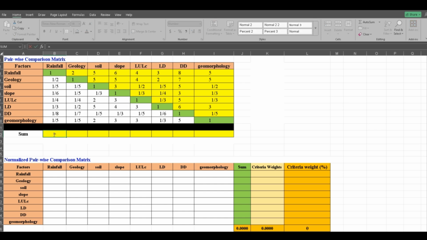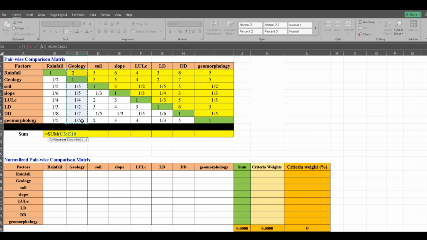The sum of this column, you can use the Excel sum formula. The sum of all these values is equal to 2.78. And again, this is also the sum of the next column.